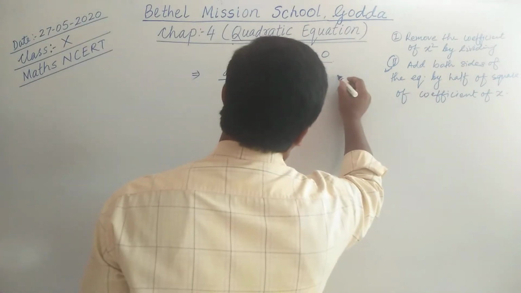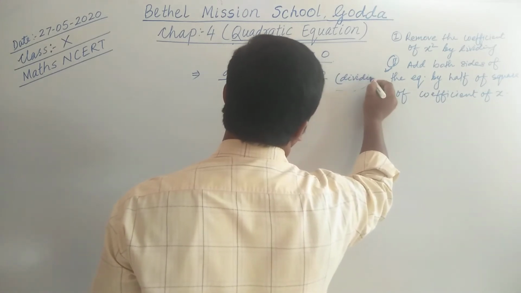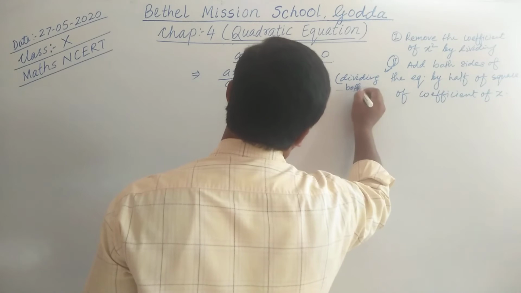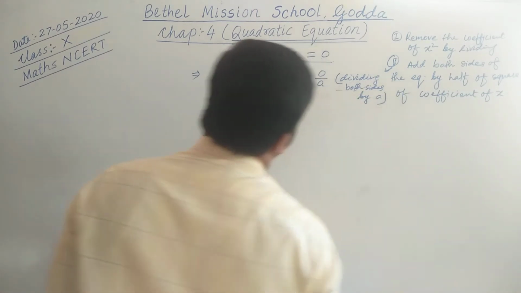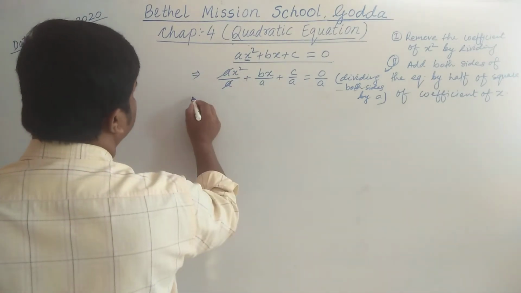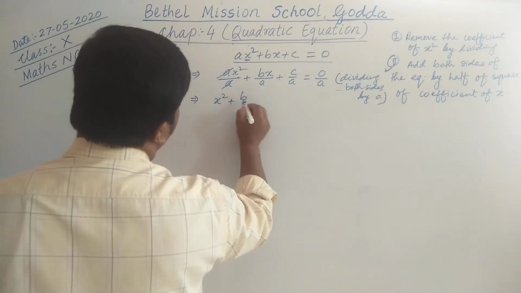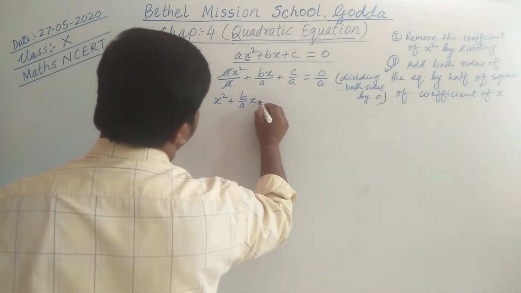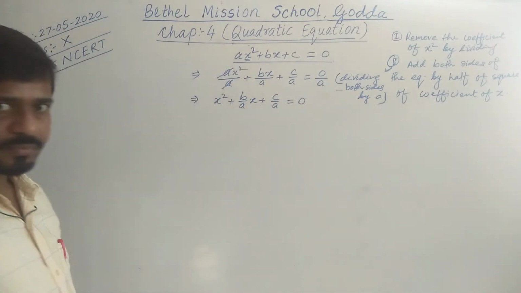So here you will write, dividing both sides by a, first one. When you divide, it will be removed. Then what will be left? X square plus b upon a into x plus c upon a equal to 0.